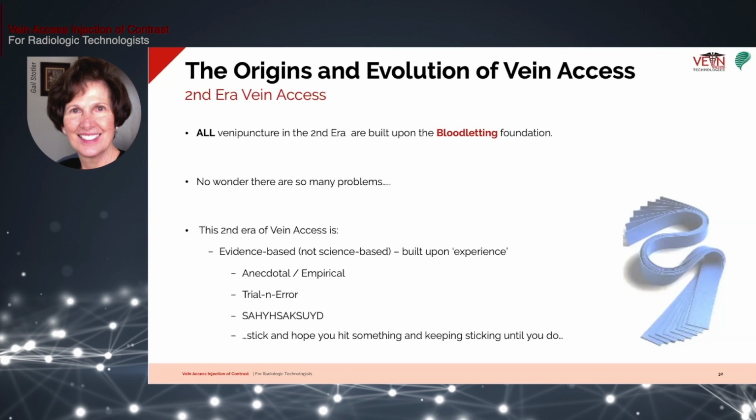A little more sophisticated, but still trial and error, empirical and anecdotal, evidence-based. Well, this works for Jack. Well, this works for Jane. Well, this group is doing this. So it still wasn't science-based, it's evidence-based. And unfortunately, I call it the stick and hope you hit something and keep sticking until you do method. So that doesn't work real well. And we really don't want that for our patients.